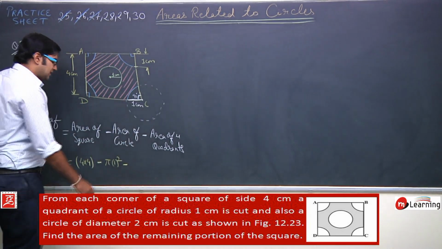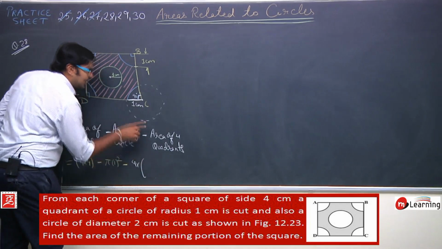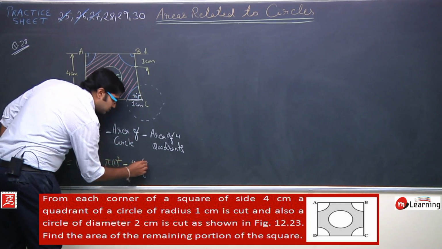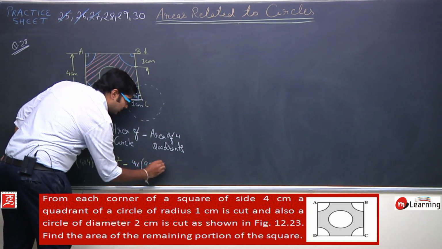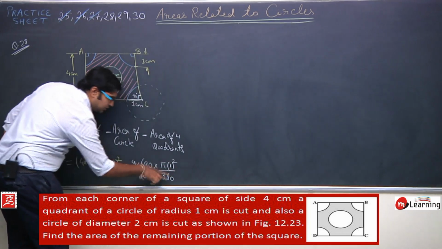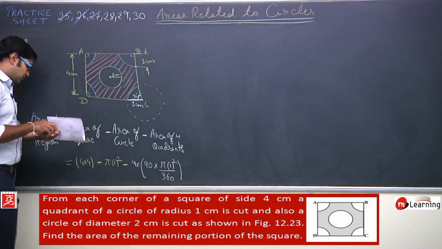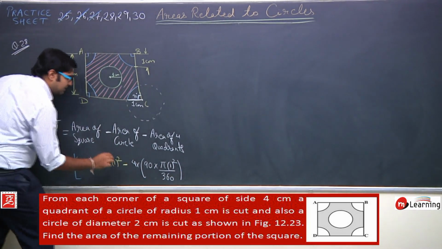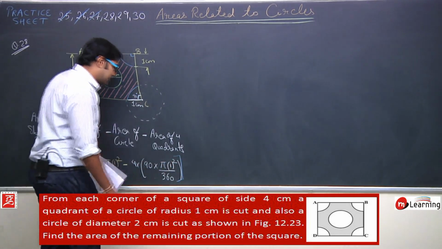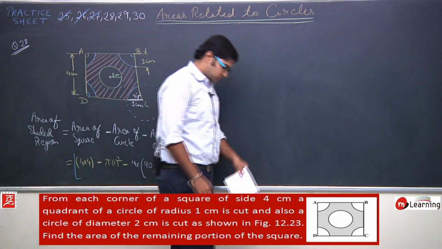So what I can do is, I will multiply 4 into the area of each quadrant or area of each sector. Area of each sector will be equal to 90 into pi r square, that is 1 square, upon 360, that is theta into pi r square upon 360. So this will give you the area of shaded region or the remaining portion, okay, in centimeter square. Please remember the unit also.